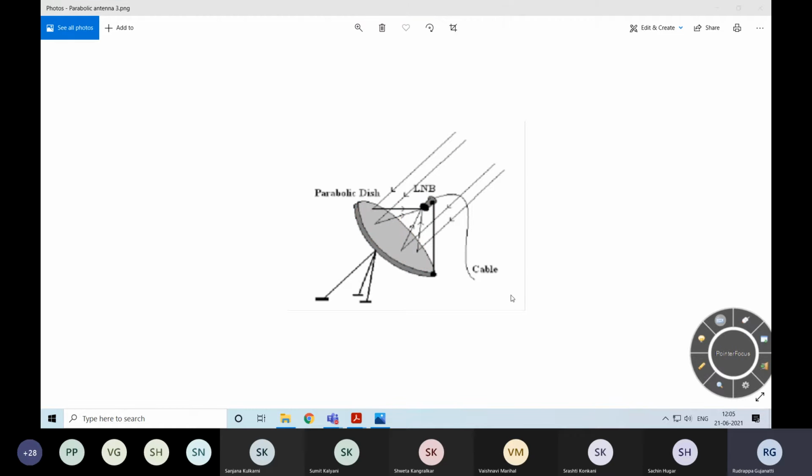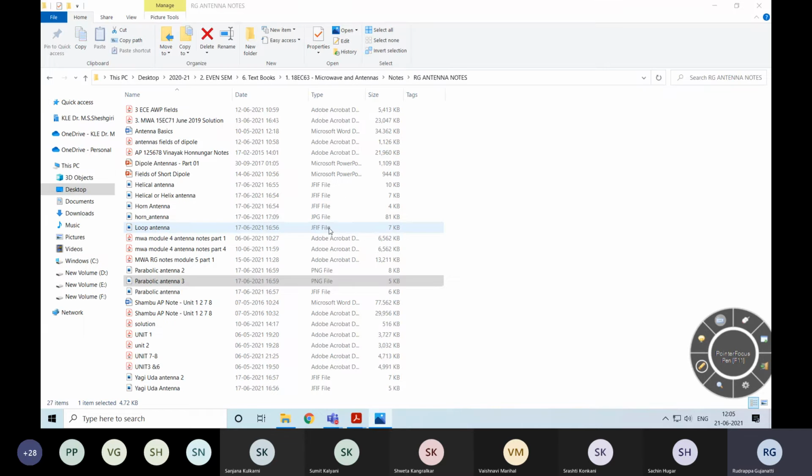So this helps us get access to those signals, and those signals are captured and transmitted via the cable to the receiving device. This is the antenna you can see nowadays. Then we have another example.